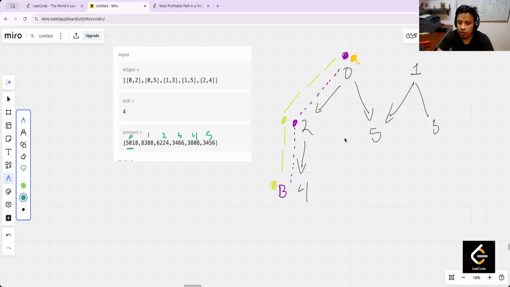The 0, the 5, the 1, and the 3. In this case, if I add these values, sorry, I made a mistake.